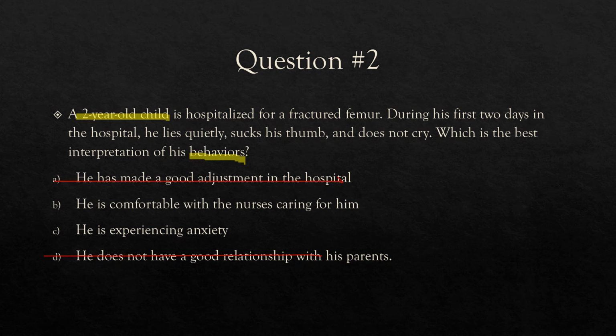And if I didn't know what the stages were, I would probably pick B. But B and A kind of go together, because if he had made a good adjustment in the hospital, then he would feel comfortable with the nurses caring for him. So we will also cross out B. With our answer, we are left with C. He is experiencing anxiety.